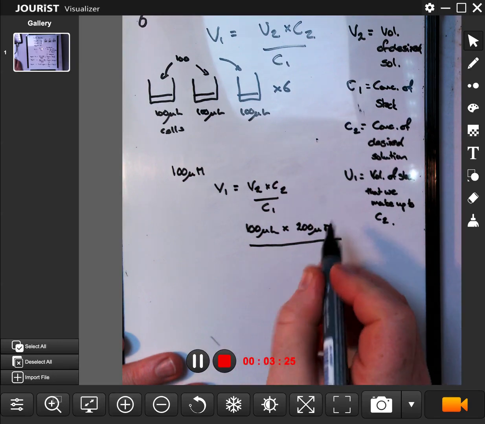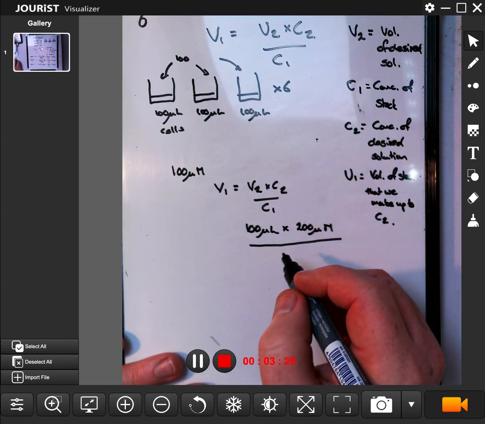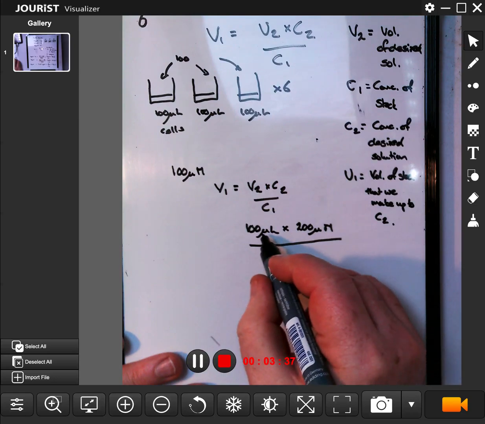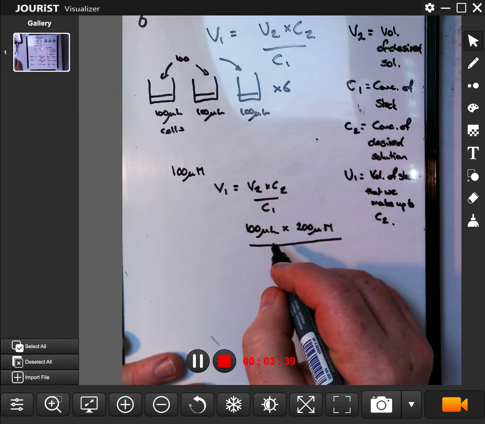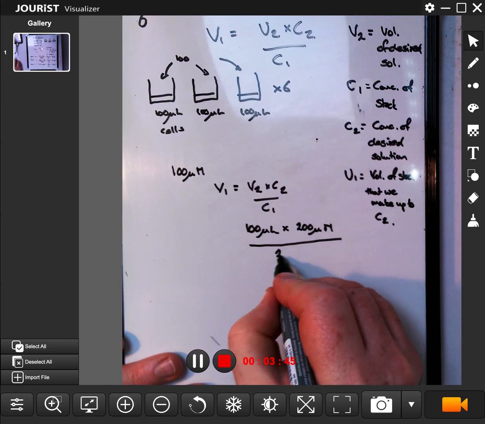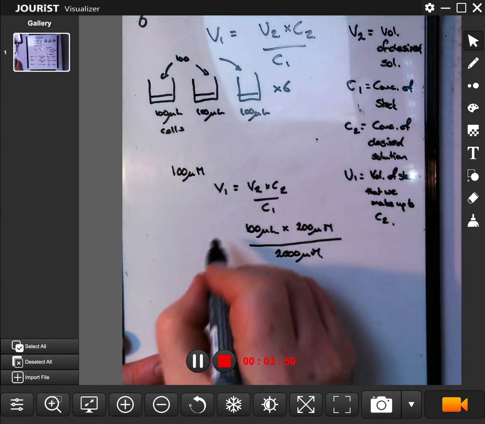And the concentration of our stock from the question is 2 millimoles. Because we're working in micromoles, let's convert those 2 millimoles into 2,000 micromoles. So there's our sum.